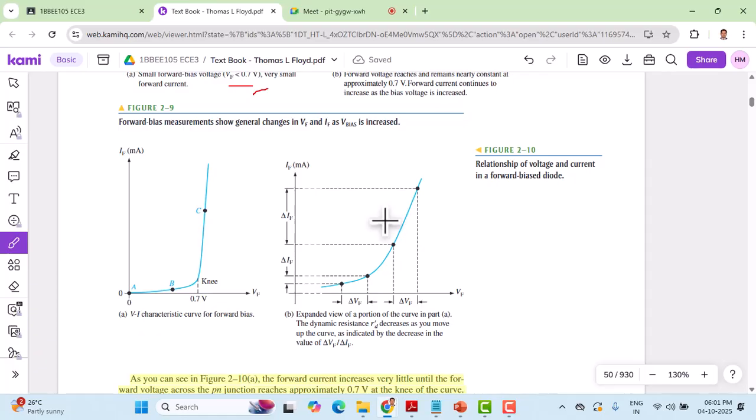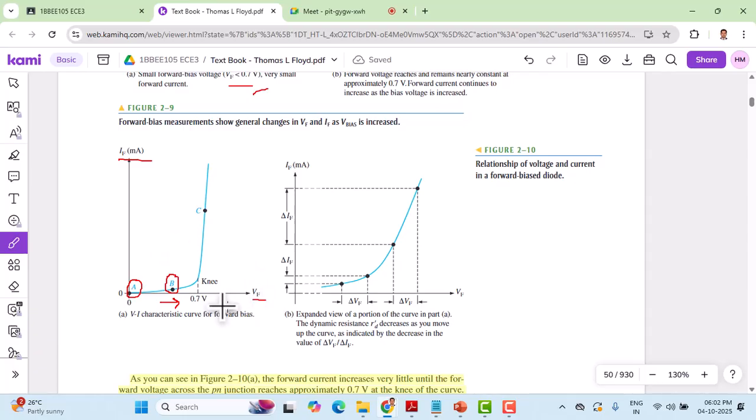This is the forward bias graph, from the first experimental setup. As you can notice, there are three regions. One is A, when the forward voltage is 0, the diode is not conducting. At B, as you gradually increase the forward voltage, but less than 0.7, the current is very small, because this height tells you the forward current, which is in milliampere.